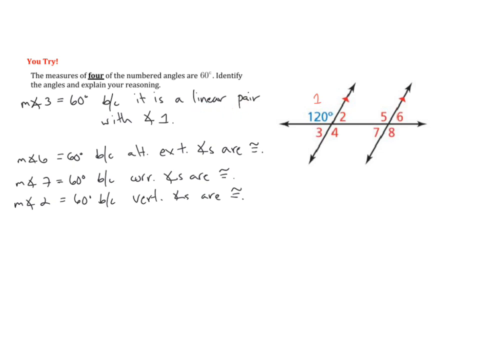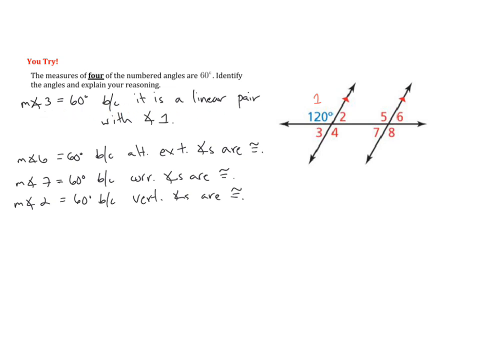So this means that they are supplementary, and so those two angles have to add up to be 180 degrees. So if angle 1 is 120, then that means that angle 3 and angle 2 must be 60 degrees. So that's how we came to this conclusion.